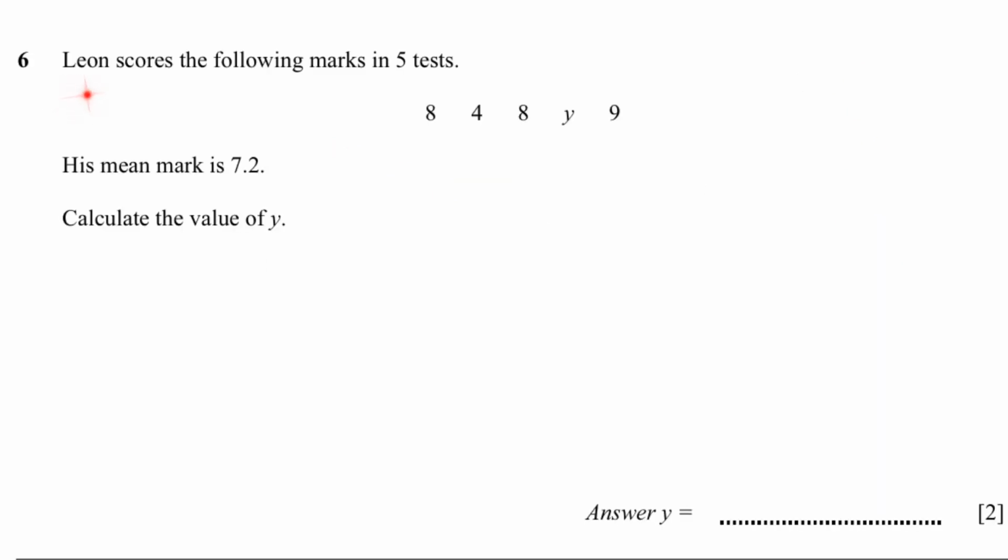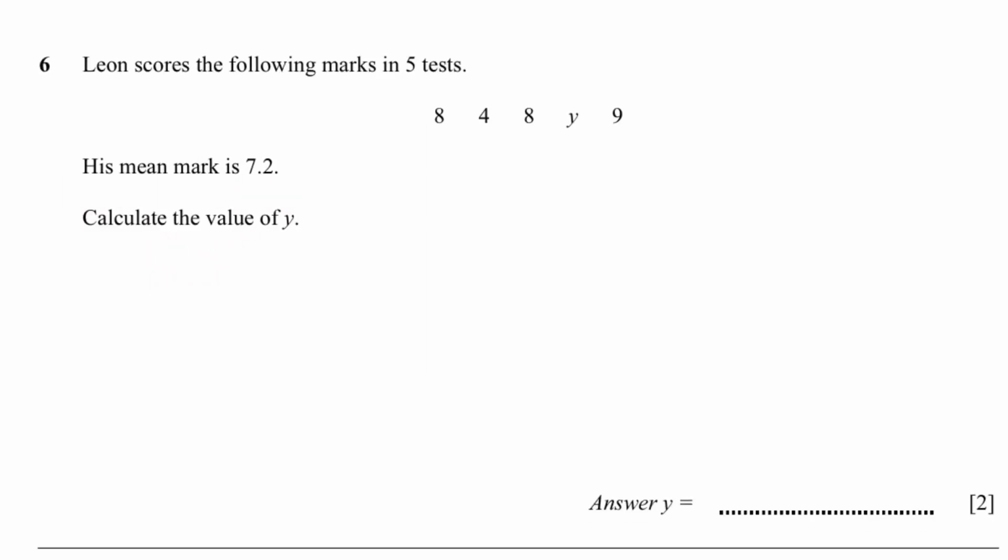Question number 6. Leon scores the following marks in 5 tests. So 4 numbers are given to us and his mean mark is 7.2. Calculate the value of y. To find the mean, we add the values given to us and divide it by the frequency. So mean is equal to the sum of these numbers divided by 5.